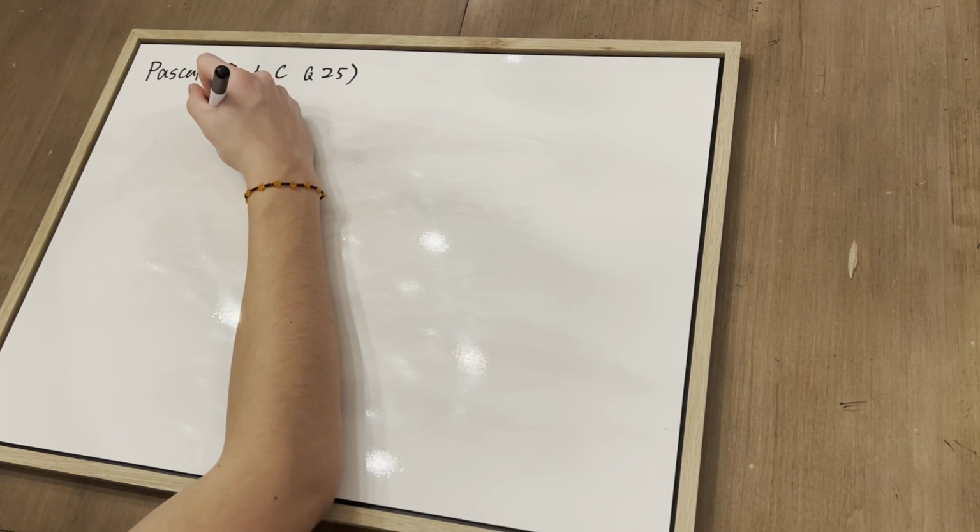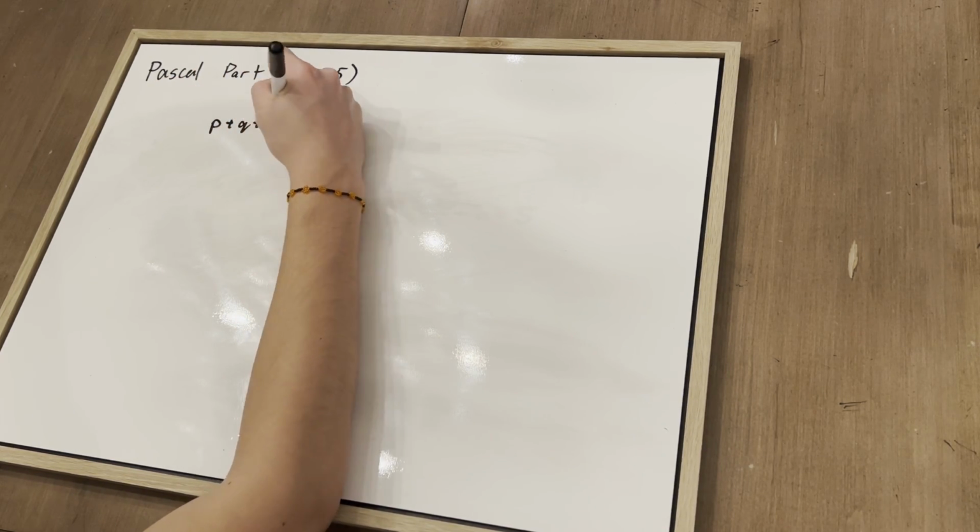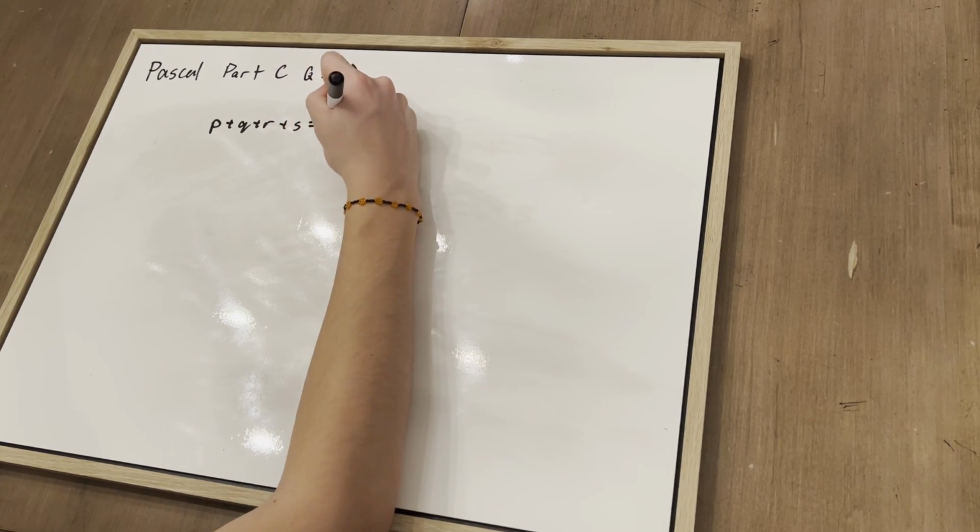So now we see that P plus Q plus R plus S equals 527.